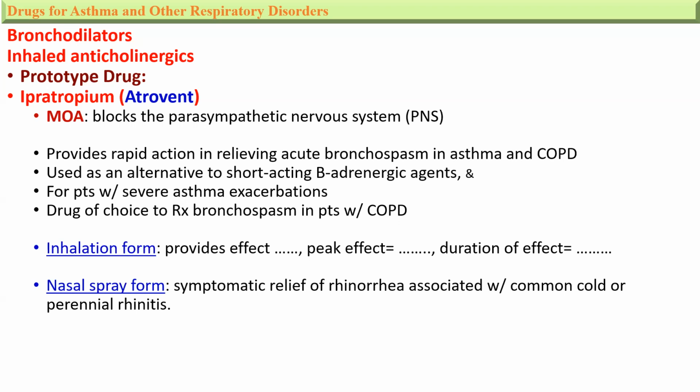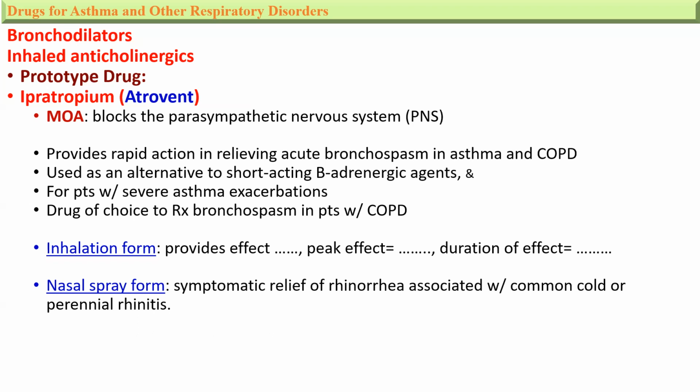Now, the inhalation form compared to the nasal spray form. The inhalation form provides effectiveness within minutes, the peak effect is within 1 to 2 hours, and the duration of effect goes up to 6 hours.